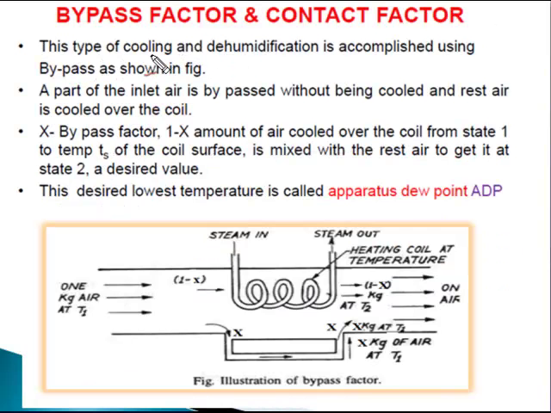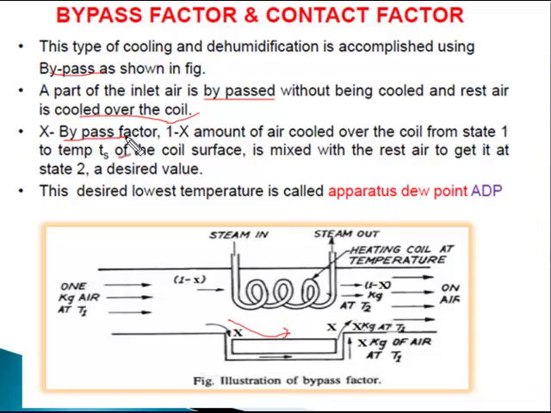This type of cooling and dehumidification is accomplished using a bypass as shown in the figure here. This is the bypass through the coil. A part of the inlet air is bypassed without being cooled and the rest of the air is cooled over the coil.